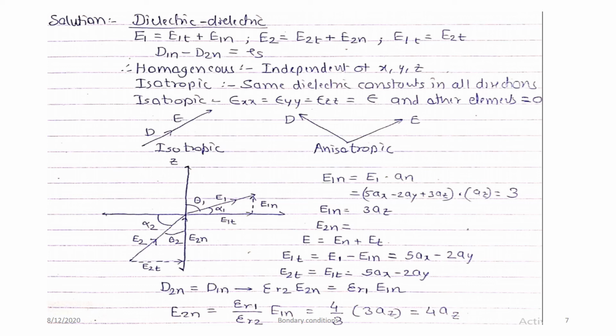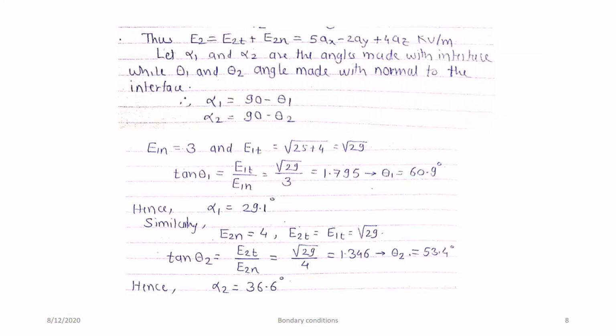Hope you understood this problem up to E2n. We'll continue here: E2 is equal to E2t plus E2n, hence 5ax minus 2ay plus 4az kilovolt per meter.